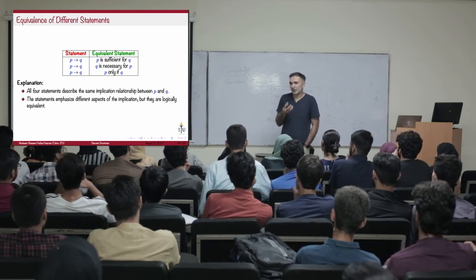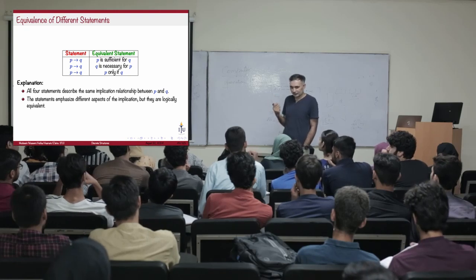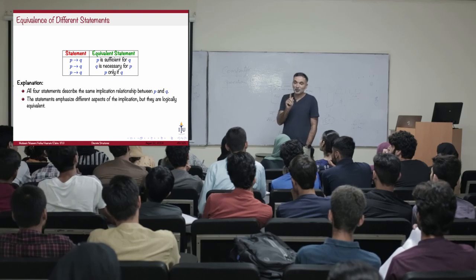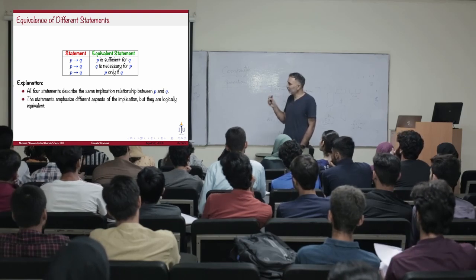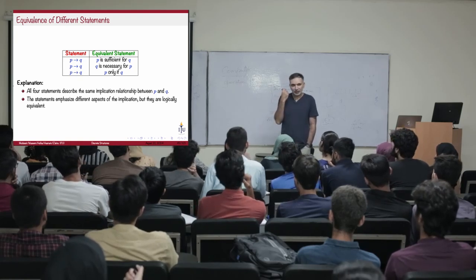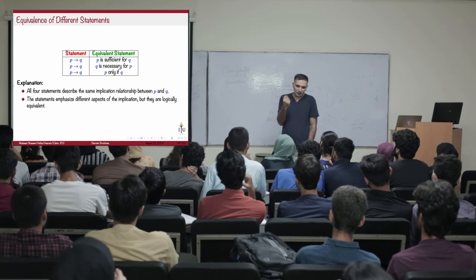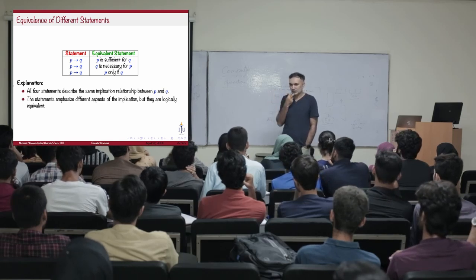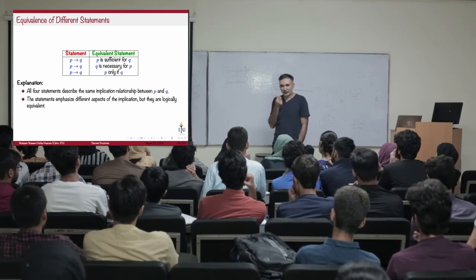So keep that in mind. You cannot have P true if Q is false. We will come to that a couple of slides later. But for now, what I'm saying is that this statement is saying you cannot have P true and Q false. P would be true only if Q is true.